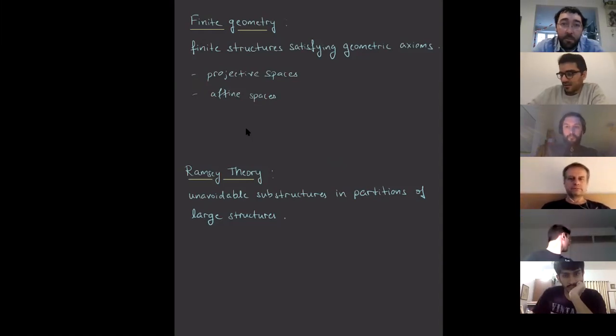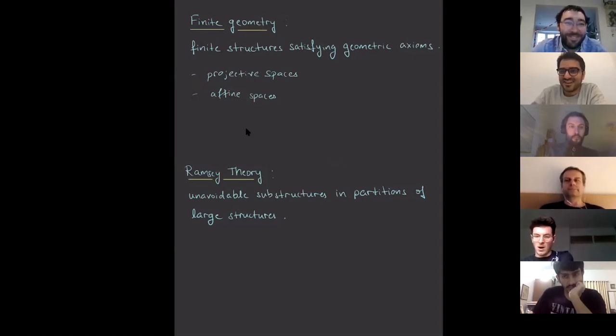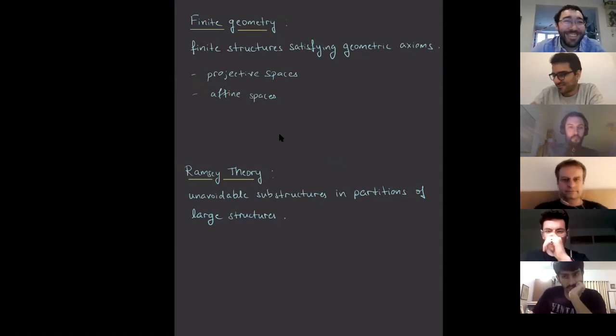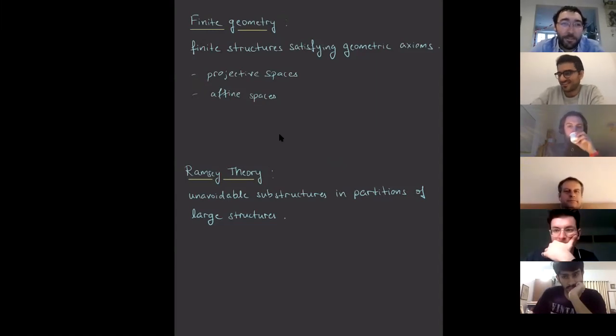And Ramsey theory is, again, some of you who are from the more finite geometry background, maybe you don't know what this is, but I see a lot of combinatorics people and experts in the area who, of course, know what Ramsey theory is. But instead of going by the cliched line about the chaos and whatever, this is my summary of it: it's a study of unavoidable substructures in partitions of large enough structure.